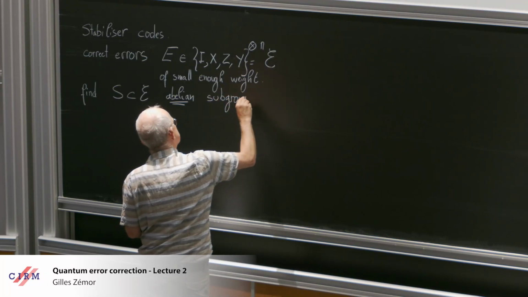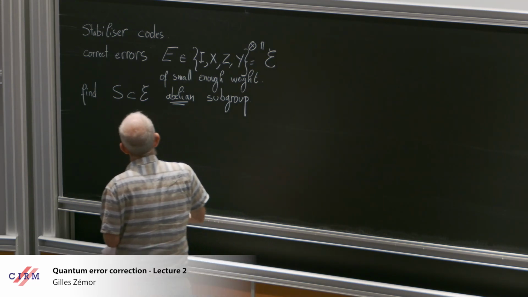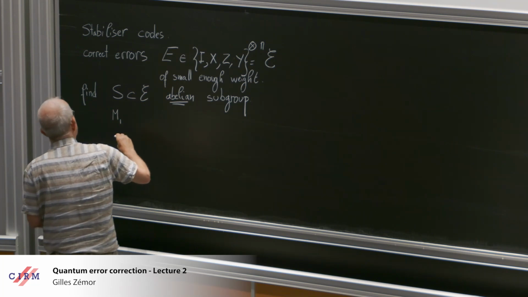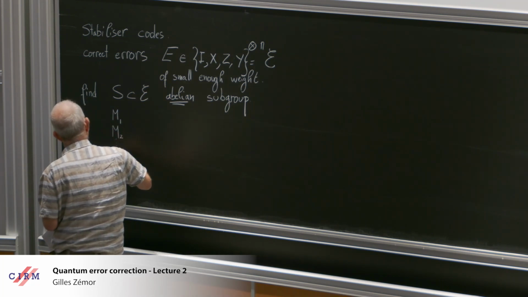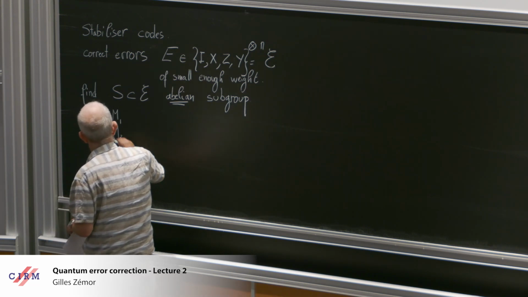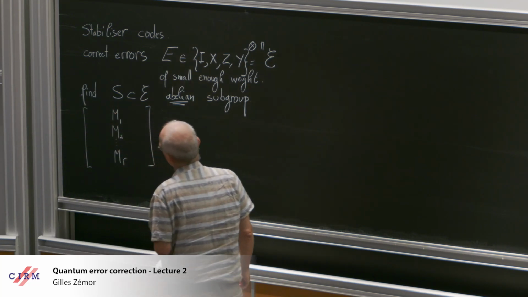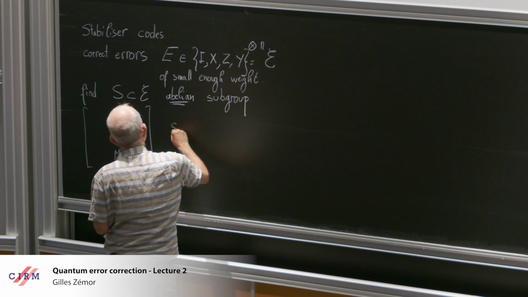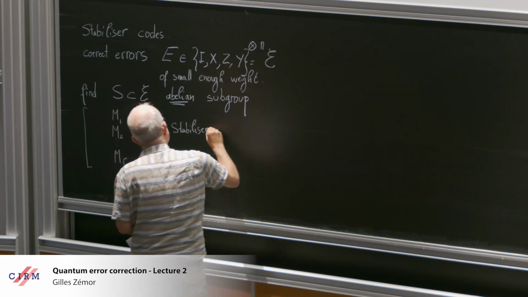Abelian is very important. This abelian subgroup has generators. So we had 4 of them last time. More generally, let's say we have R generators. And we can think of them as making up a matrix that we can call the stabilizer matrix.